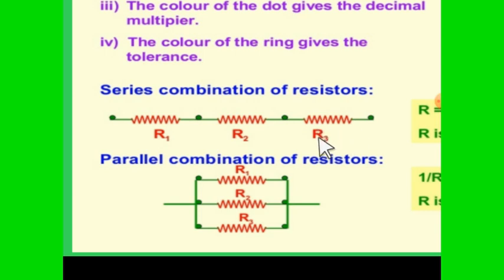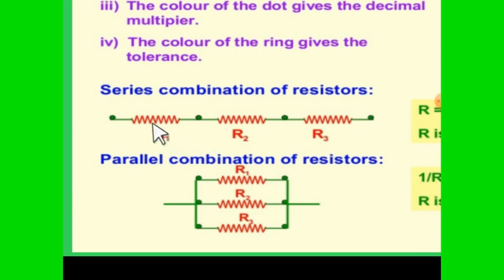Even though the opposition offered by these different resistors may have different values, being connected in series, when the circuit is completed, the current flowing across R1, R2, R3 will remain the same.